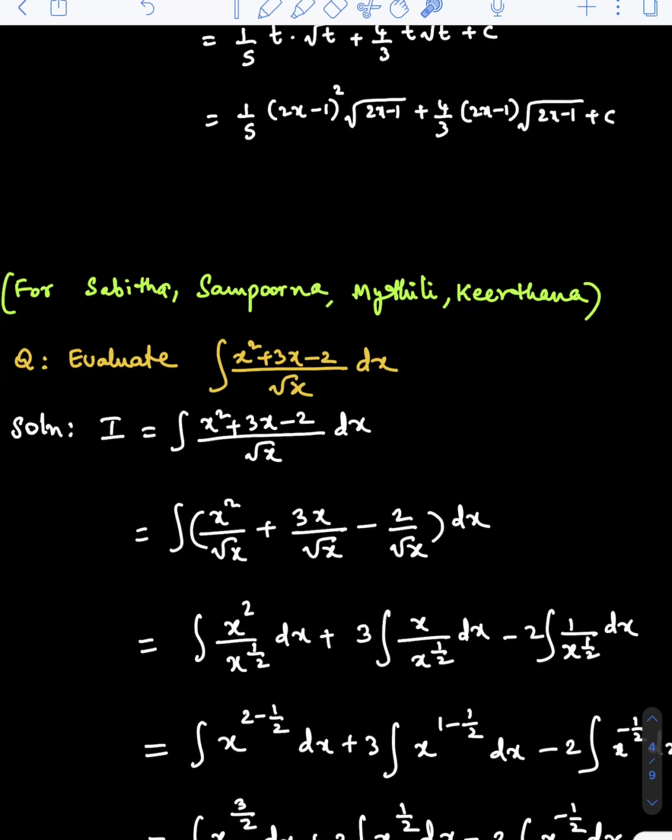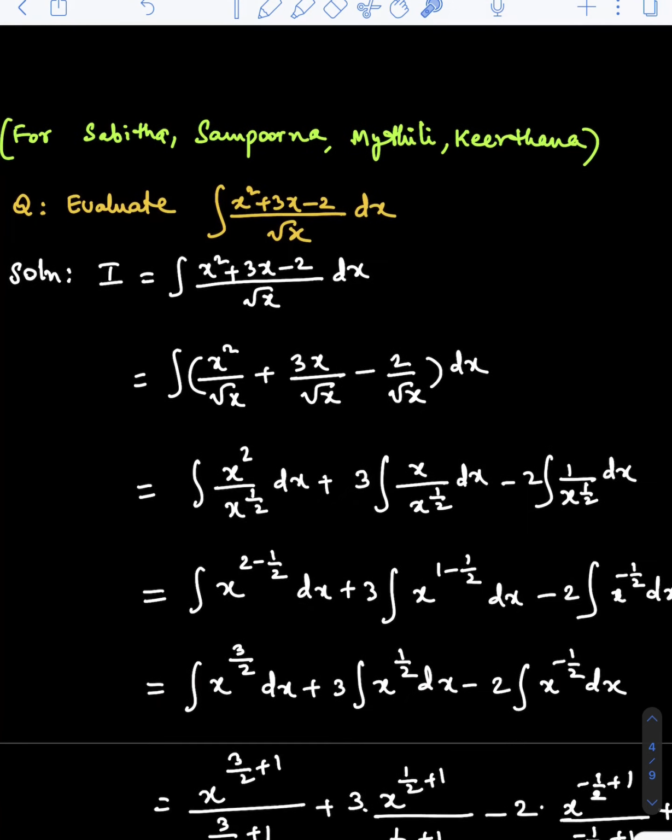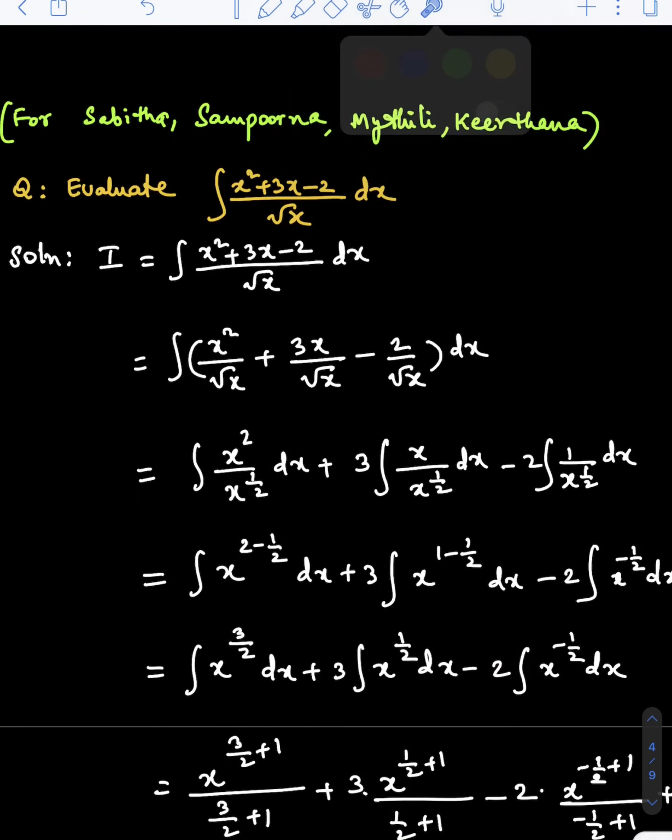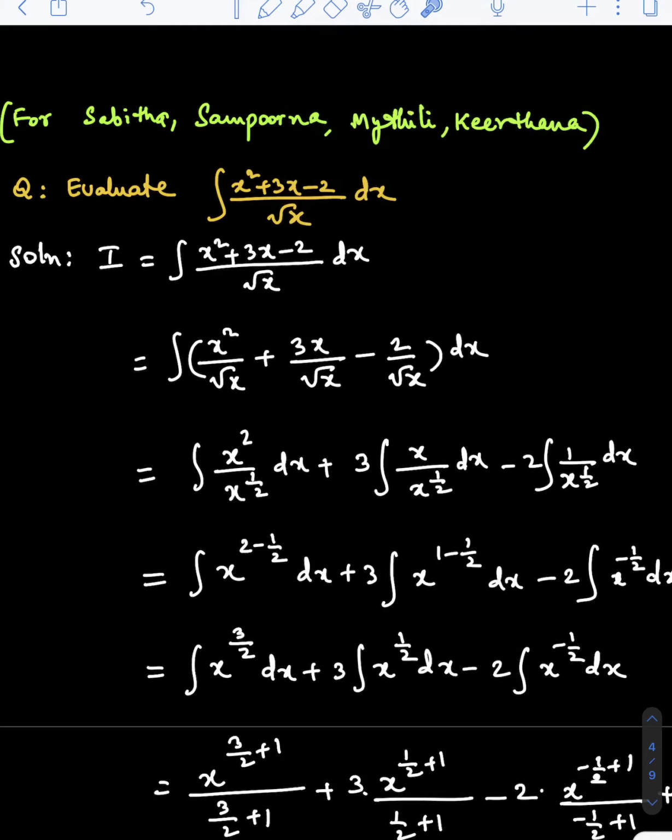And next, one more question. Evaluate integral of x square plus 3x minus 2 by root x dx. This is our question. I is equal to this much. Afterwards, split the root x and write separately 1, 2, 3 terms.